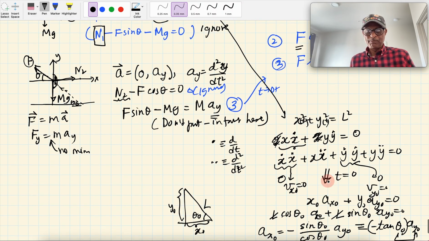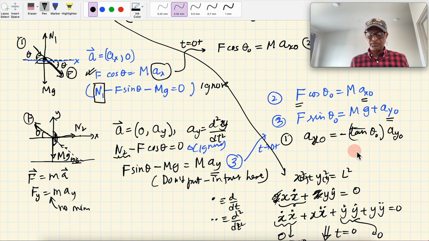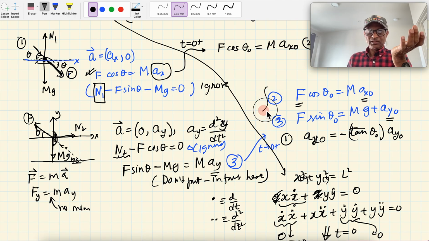All right, so let's go back here. Equation 1 turns out to be a x0 equals minus tangent theta 0 times a y0. Now at this point, you can see that I can get rid of f pretty easily and use this. There are several ways you can proceed with the calculation from here.